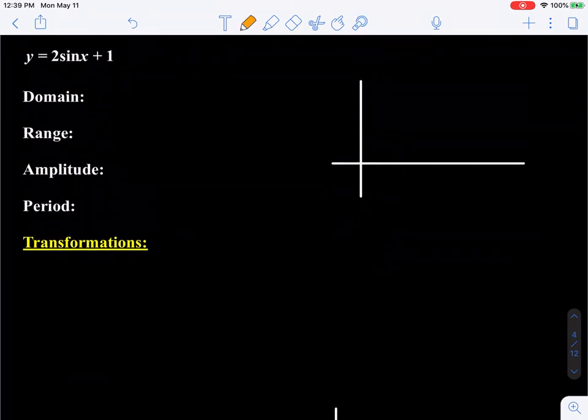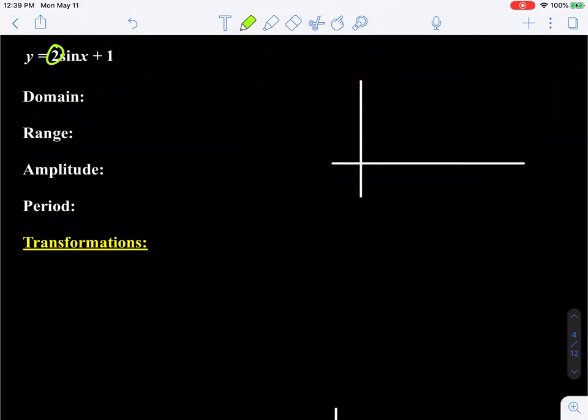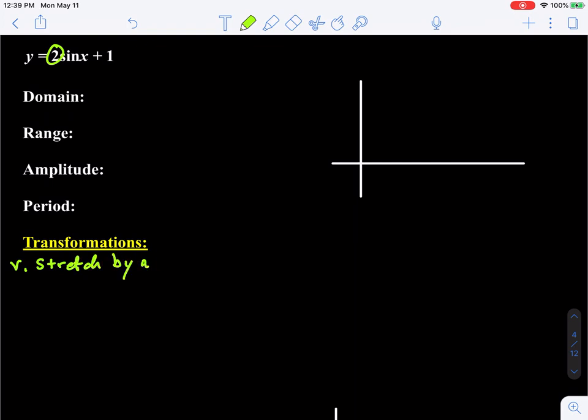All right, next example. Transformations that we're looking at here: we have a 2, which is going to be a vertical stretch by a factor of 2. And then we have the 1, which is a shift up 1.